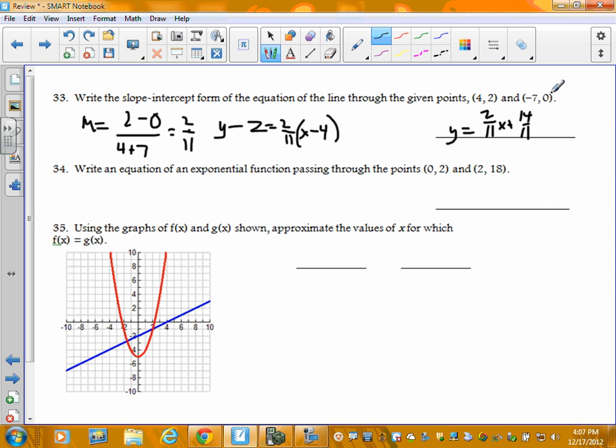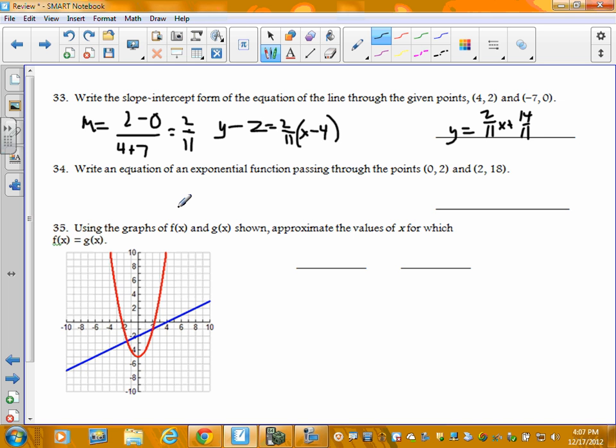And so when I plug these points in, when I plug a 0 right there, I plug a negative 7 right there, that should give me negative 14 elevenths plus 14 elevenths, and of course that's a 0, so this point works. When I plug a 4 right there, that gives me 8 elevenths. 8 elevenths plus 14 elevenths is 22 elevenths, and that's 2. So indeed, this is the linear equation that both of these points are on.